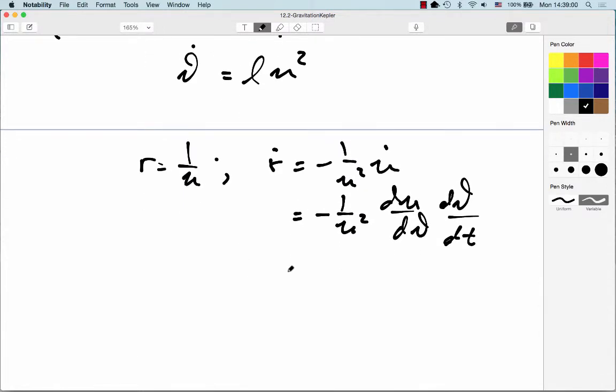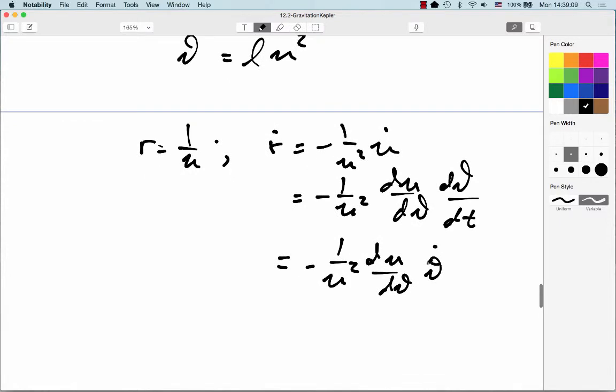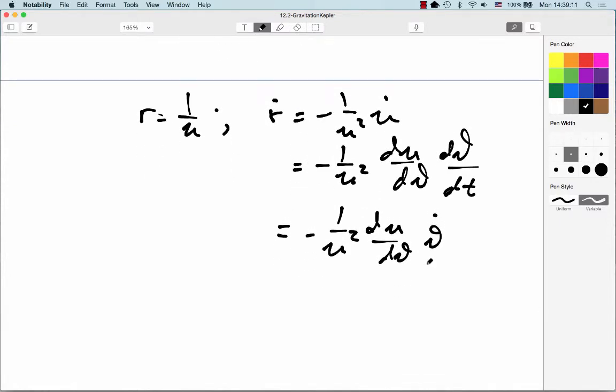So this becomes minus 1 over u squared du d theta times theta dot. That's cool.